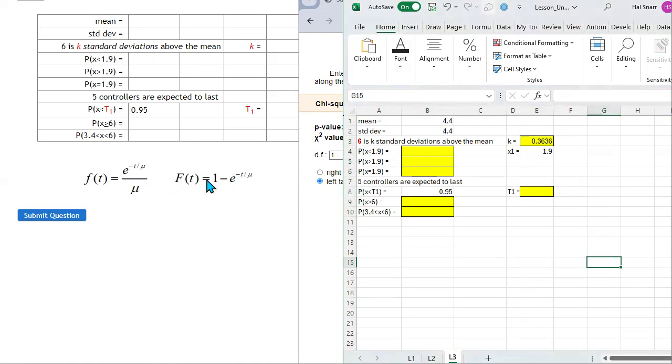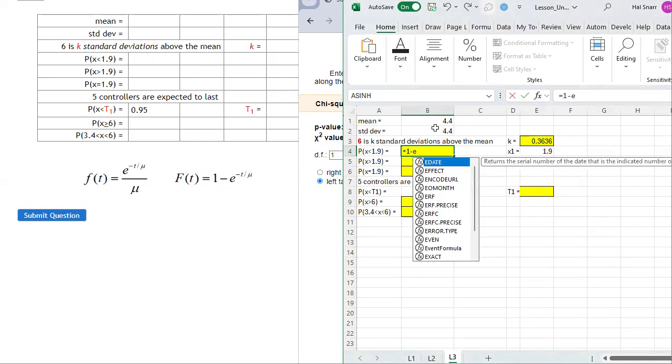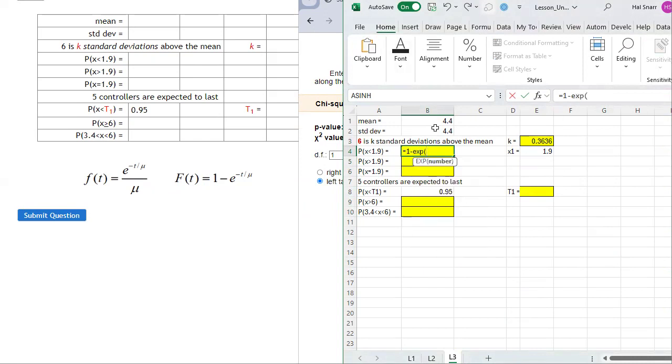So I have to use this function to calculate the probability of being less than 1.9, right? So equal 1 minus, now to do the e to some power, you type exp and then parenthesis, and then minus t, in this case 1.9, and then we got to divide by the mean.